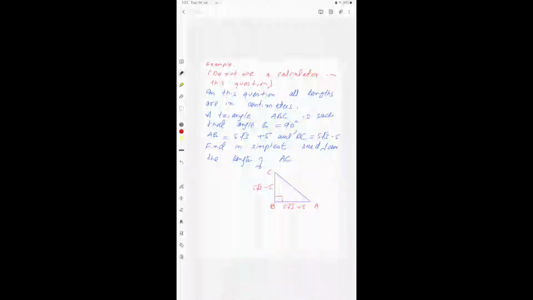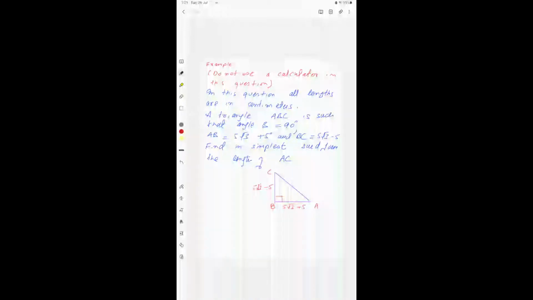A triangle ABC is such that angle B is 90 degrees. Length of AB is 5 under root 3 plus 5. Length of BC is 5 under root 3 minus 5. Find in simplest surd form the length of AC.